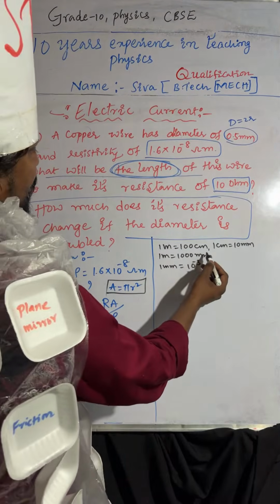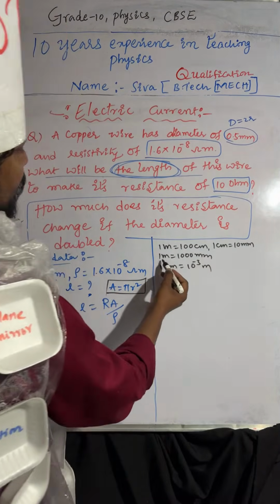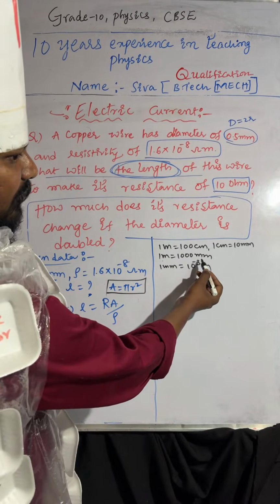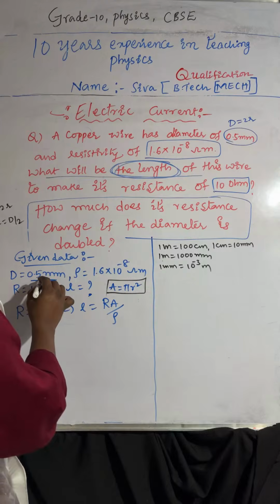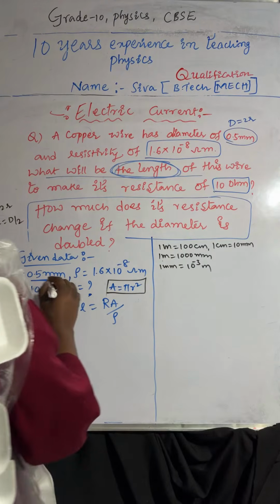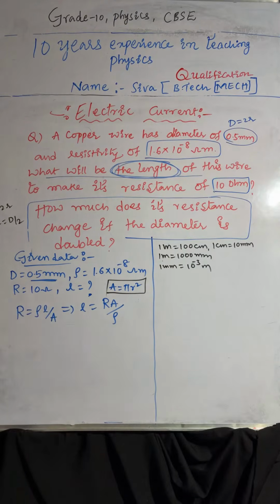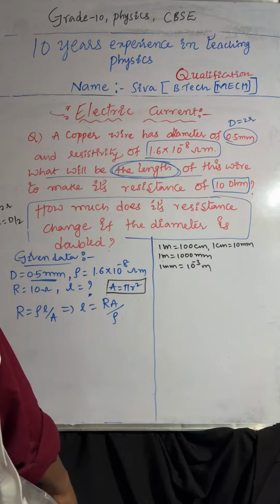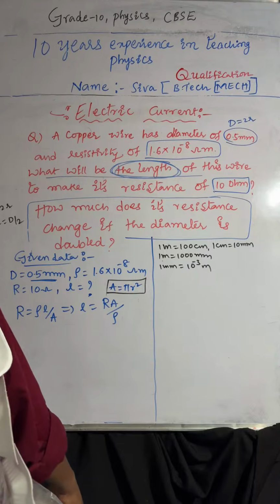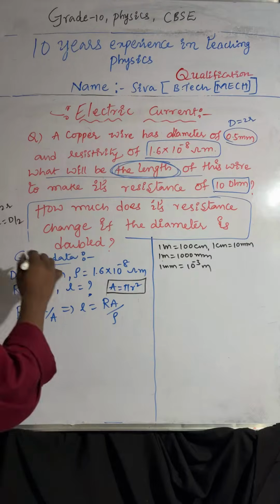Here you can see 0.5, that is the diameter. So what is the radius? You will get 0.25. Understood now?